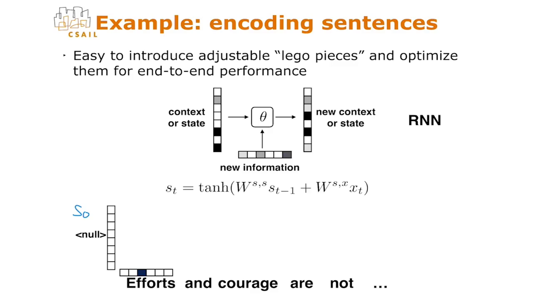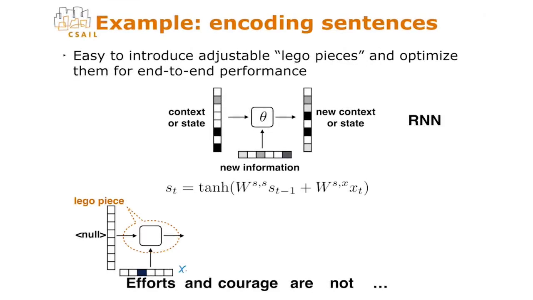We get a new word, it's x1 here, and we're going to apply the box now with this previous state, with this new word, to get a summary of what the model thinks the summary of just the word efforts is. So we're going to apply that box.